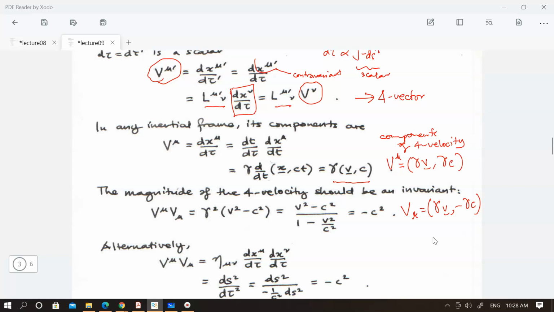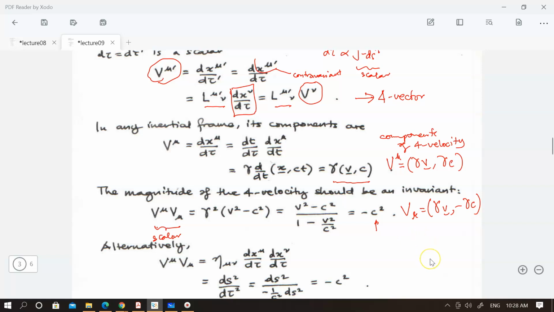Then you can simplify this, and this equals minus c squared, which is good because remember, this is a scalar. You expect a scalar doesn't change under a change of reference frame, and c squared is a scalar. Your speed of light doesn't change in any frame. It remains c. So this is good.